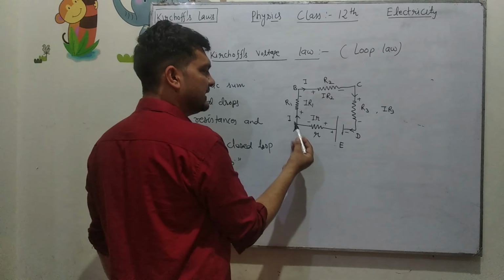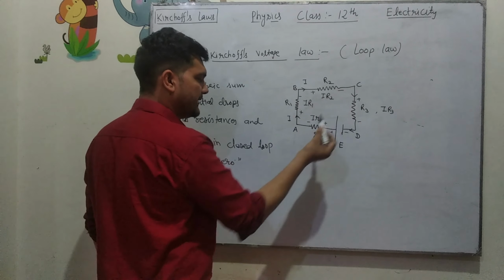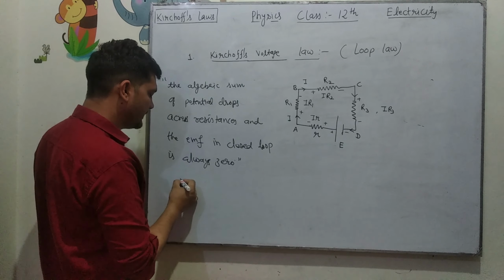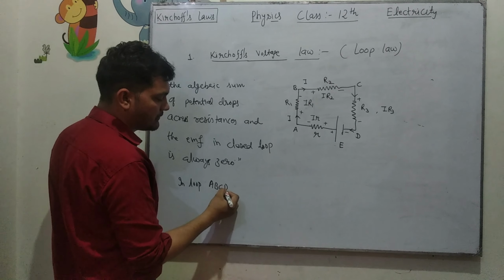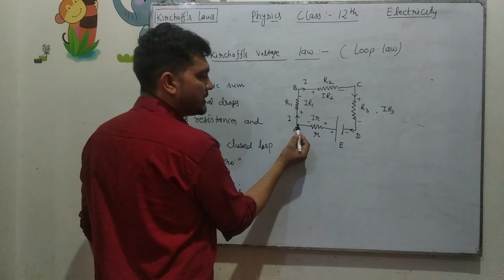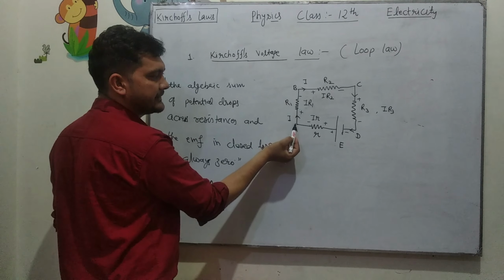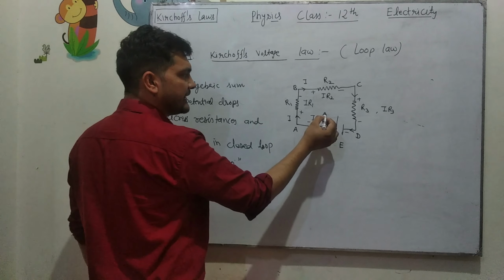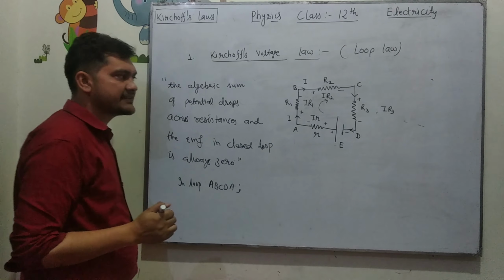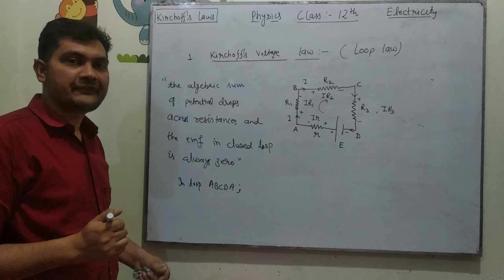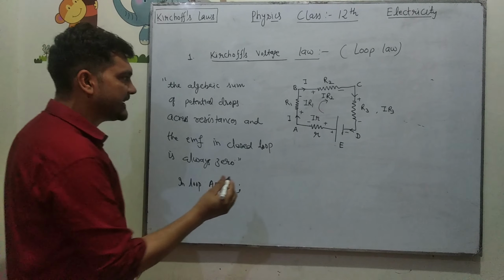Okay, let us say we are moving in the direction A B C D in loop ABCD. Let us start from point A. While moving in the direction of the loop, if there is a drop of potential, then put a negative sign.